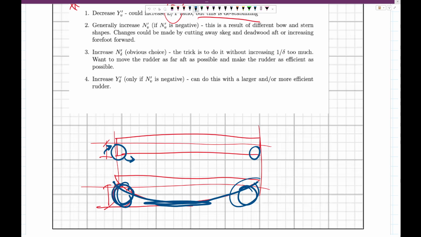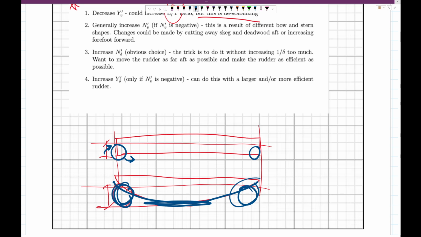The next option is to increase the N, the yaw moment with respect to the rudder angle. This can be done by moving the rudder as far aft as possible and making the rudder as efficient as possible.